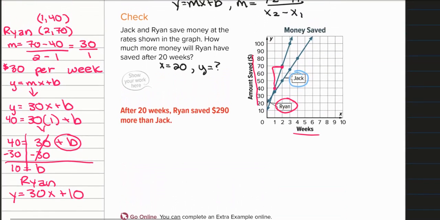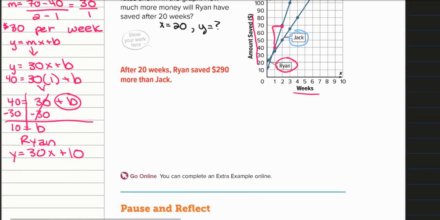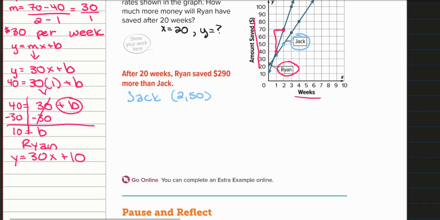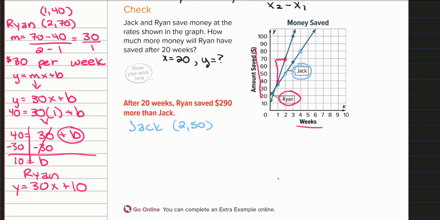Let's look at Jack. So we're going to do the same thing for Jack. This one's an easy one. So we're going to have, for Jack, 2 and 50. And then for Jack, it looks like there's a point right here. I don't want to guess it, so I'm going to pick this point up here.